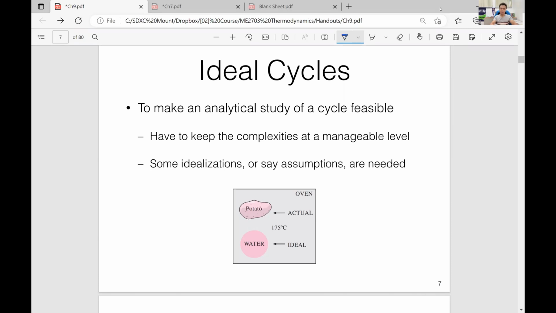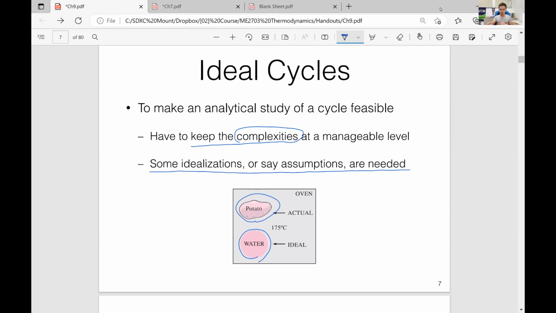But at the same time, we still need to keep some level of complexity so that the assumed ideal case is not too far away from reality. So we need to make some idealizations or assumptions.